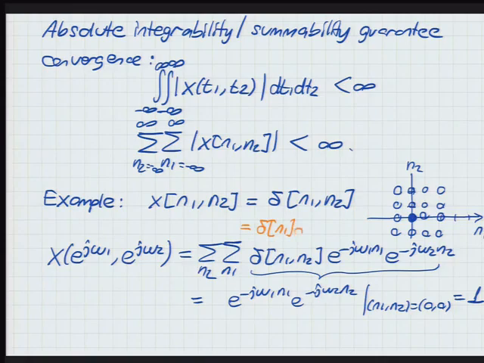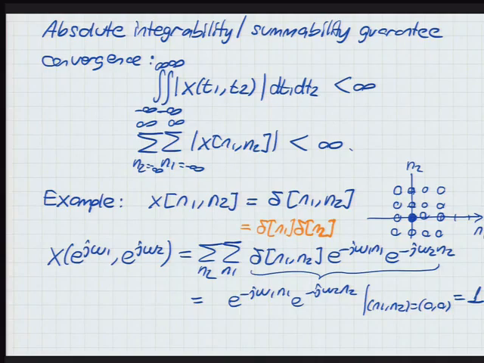If you multiply, that will do, right? Because it will vanish unless both n1 is 0 and n2 is 0. Make sense? So that's just a simple way of writing delta. If I didn't want to draw this picture, if I want to define the two-dimensional delta algebraically, that's how I would have written it.